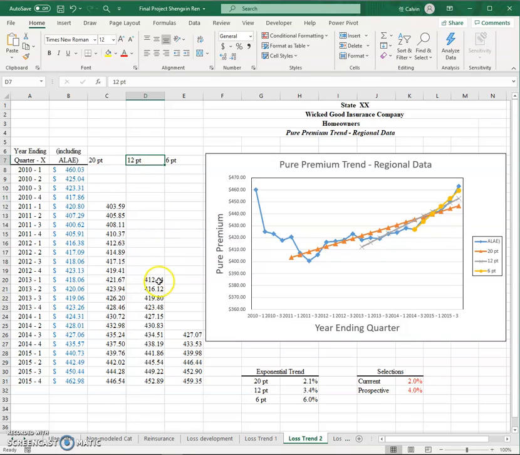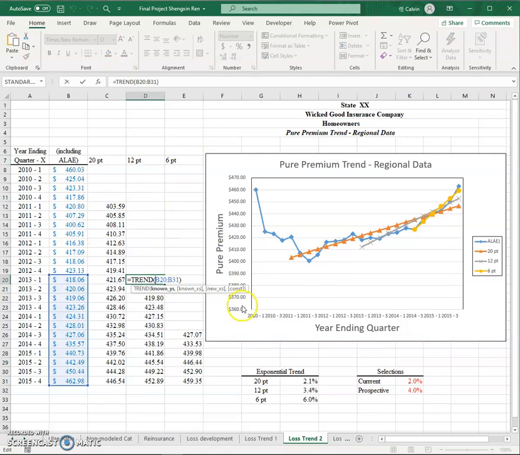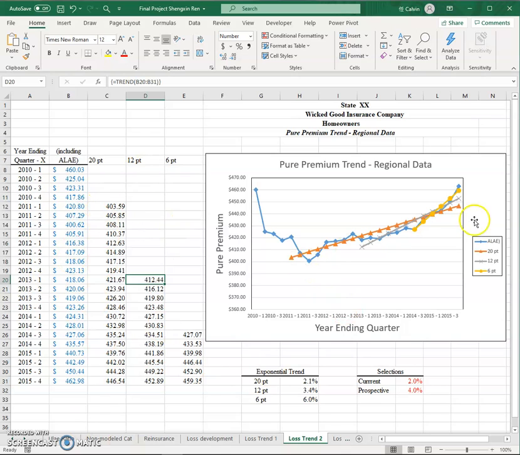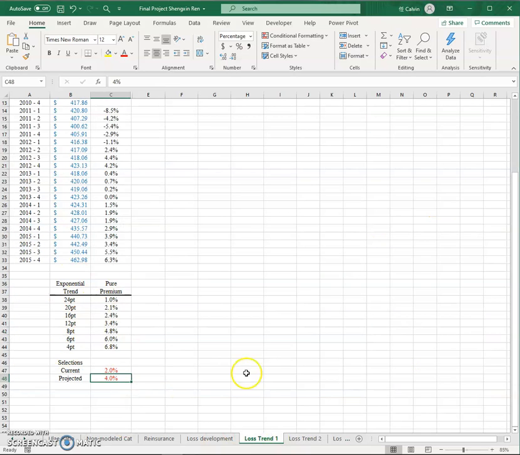Same for 12 points. So we get a linear relationship, and this is our graph. The exponential trend and selections are the same as the last one.